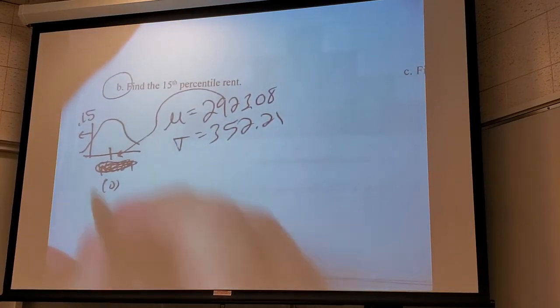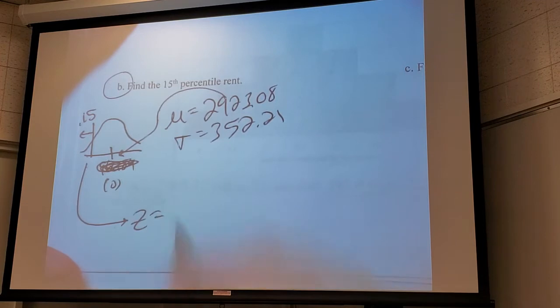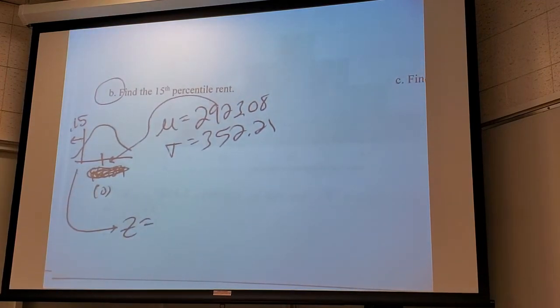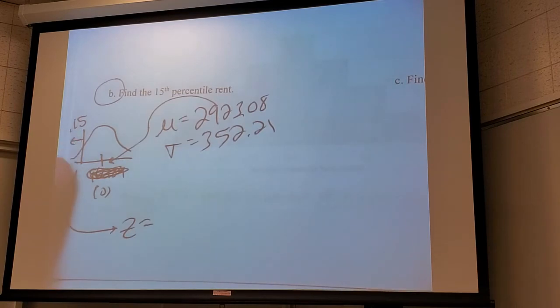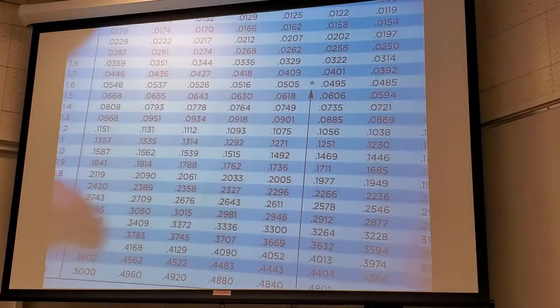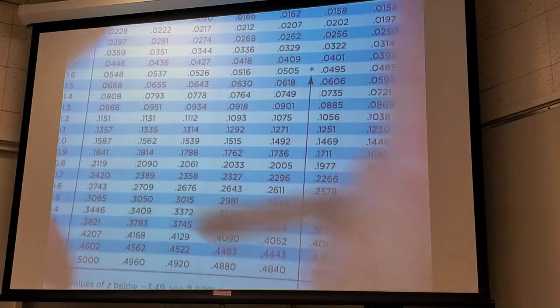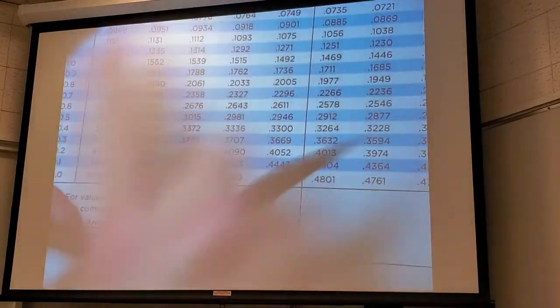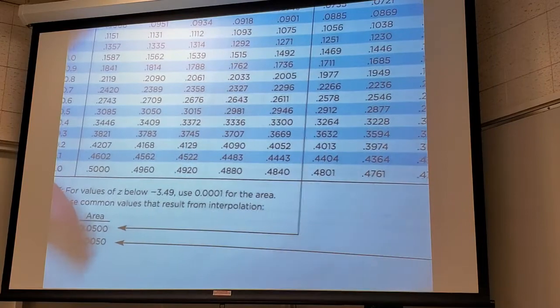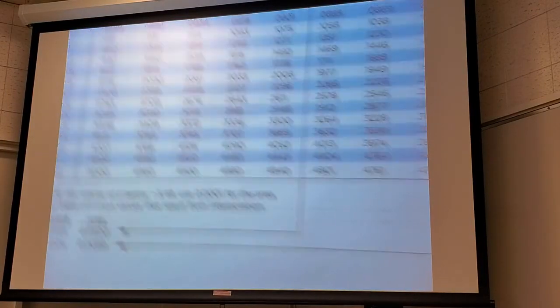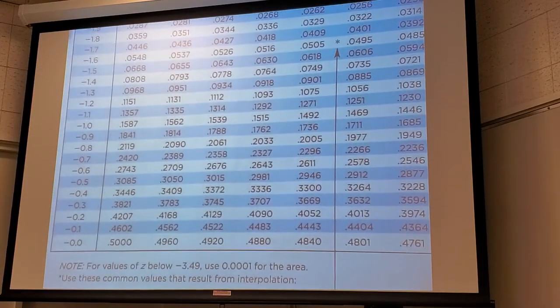So now I've got to look up the z-score that corresponds to that. So am I going to look at the positive or negative? Negative. Obviously, it's below the mean. And 0.15. It's the closest we can get to that.